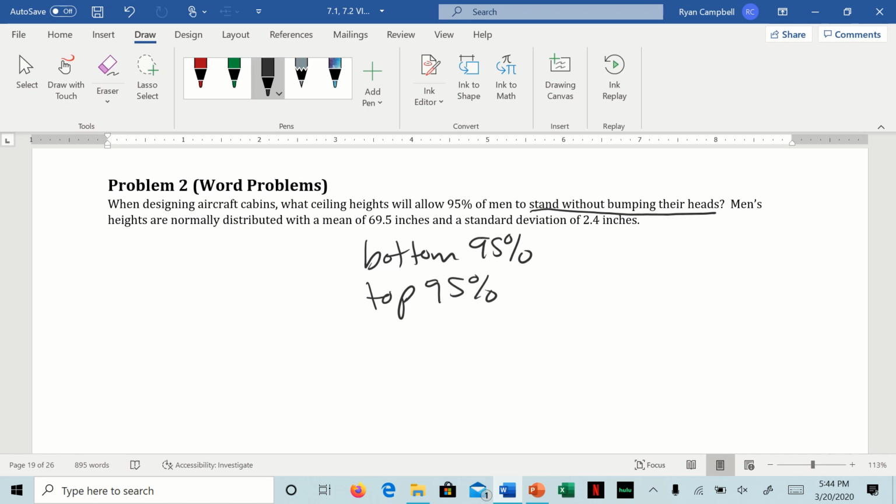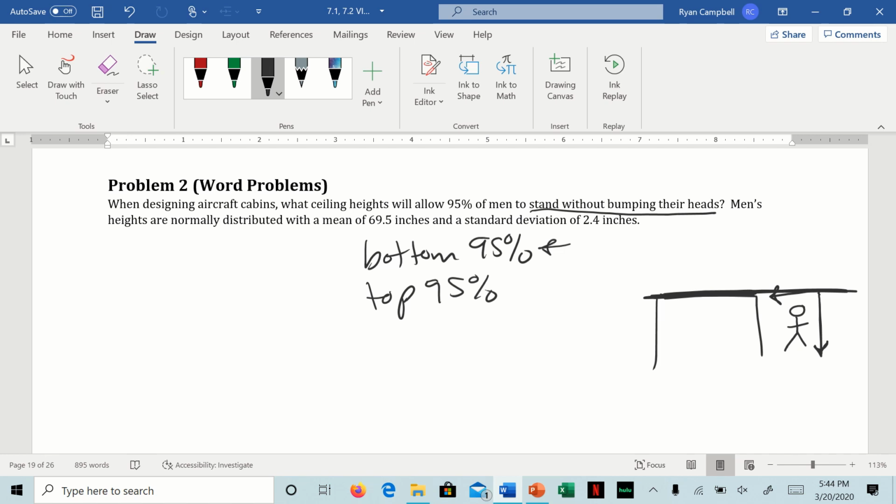So if you think about a ceiling height, who are the people who are going to be able to stand without bumping their heads? Everybody that value or shorter, right? Which would mean a bottom percentage. Does that make sense? If you have a ceiling height and people who can't bump their heads, then everybody shorter than them, the bottom, would have to be.